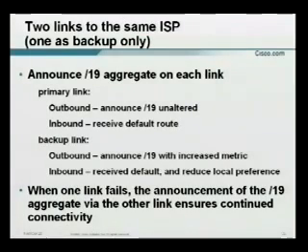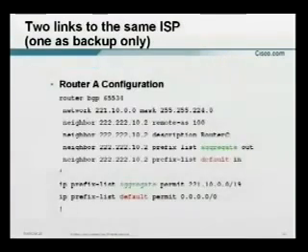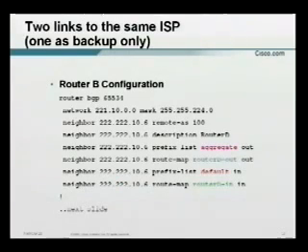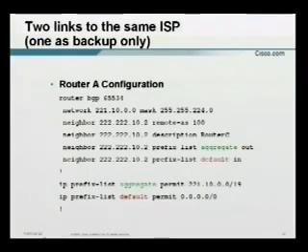And that way, all the traffic will use the primary link in both directions, and the backup link will not get used until the primary link has failed. That's a simple example. Okay. I've put in the configuration here. I'll skip through it, but that's the configuration that makes this actually work. The router A configuration is very simple. We just send our aggregate outbound.